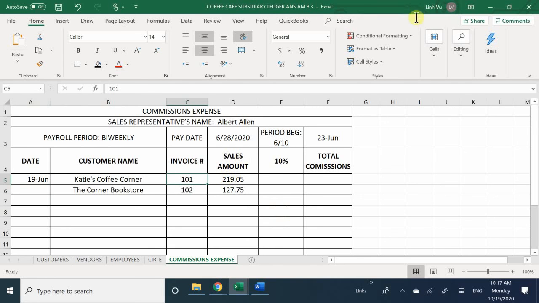All right, for the total amount of 219. Now, what this person is going to get is 10% of all sales. Now, sales are final, so if there's a return, it doesn't matter. You don't need to adjust. Whatever he sold, he sold. So in this case, what is my 10% of 219?